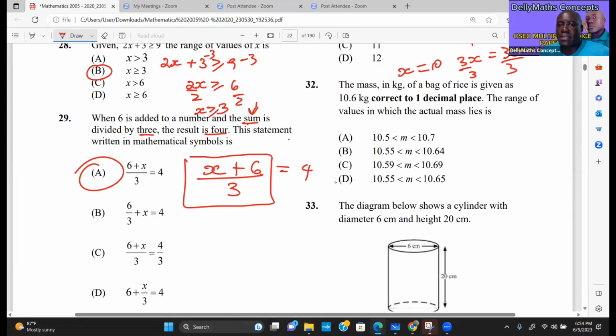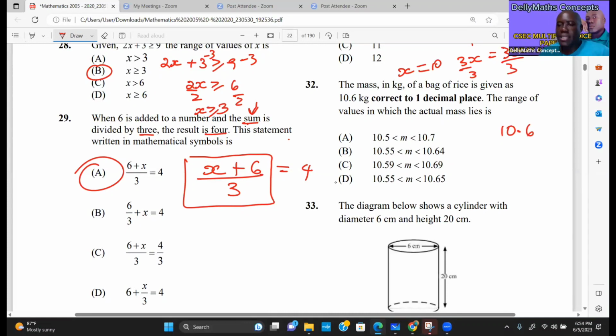32 says the mass in kilograms of a bag of rice is given as 10.6, correct to 1 decimal place. Find the range of values in which the actual mass lies. Now, they want to know if you understand rounding off, because something was rounded off and you get 10.6. There are possibilities.